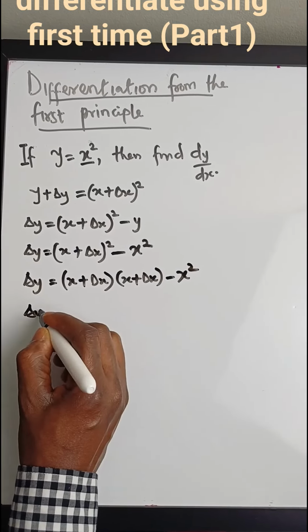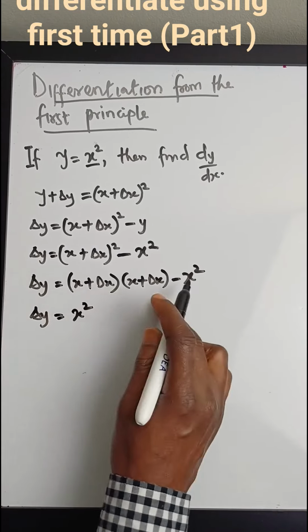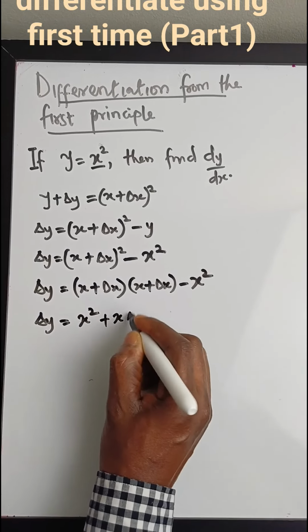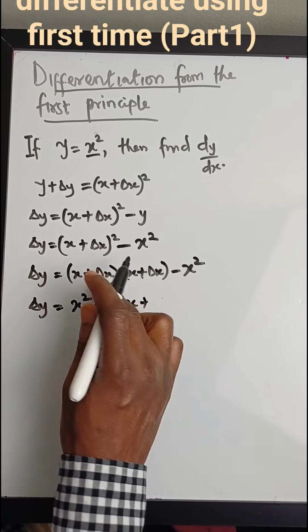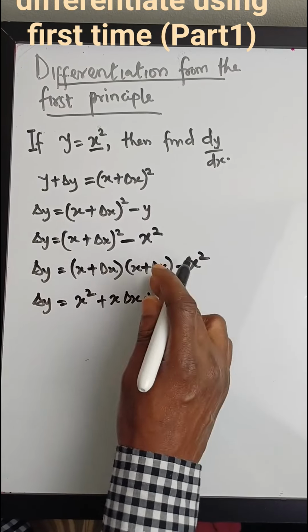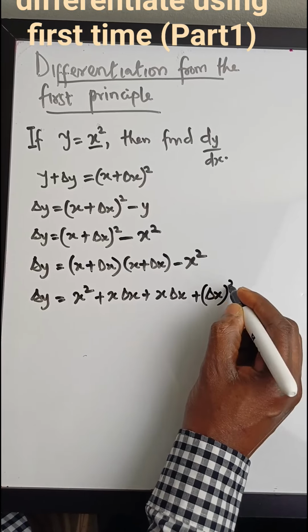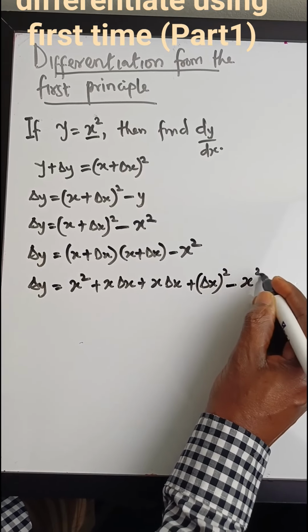So Δy will now be x squared plus xΔx plus xΔx plus Δx all squared minus x squared.